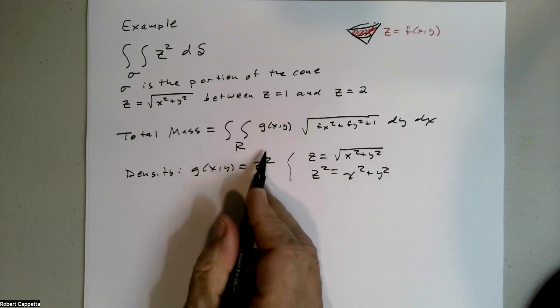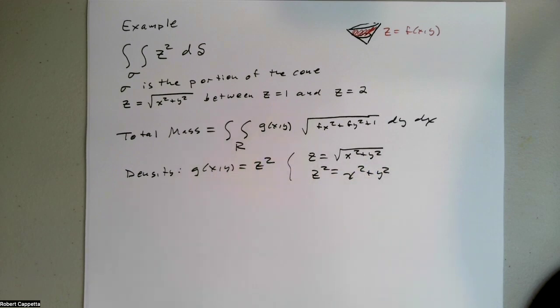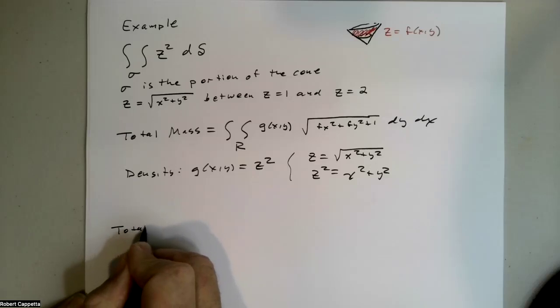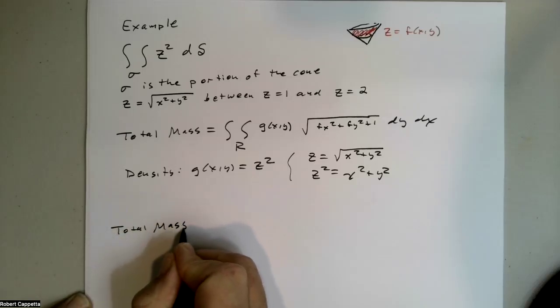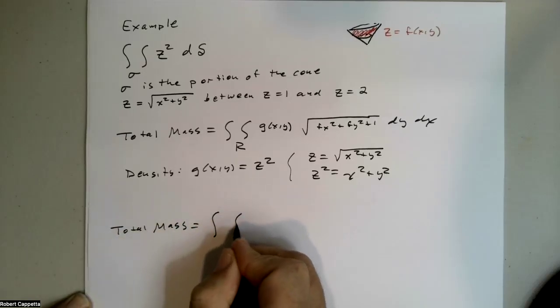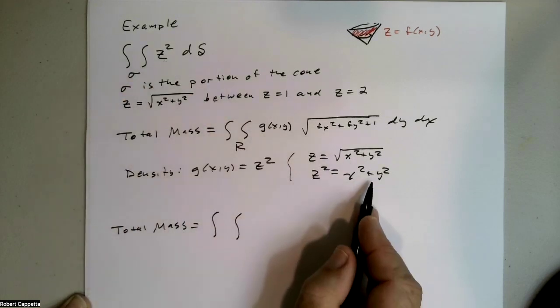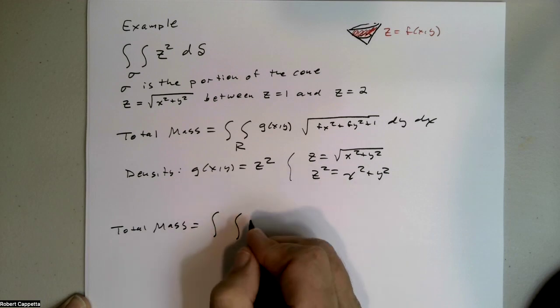So my density function here is going to be x squared plus y squared. So that's good to know. So where are we at now? Total mass. Again, we have to figure out what our R is going to be, but replacing z squared, it's going to be x squared plus y squared.